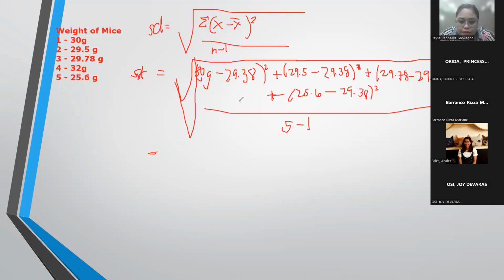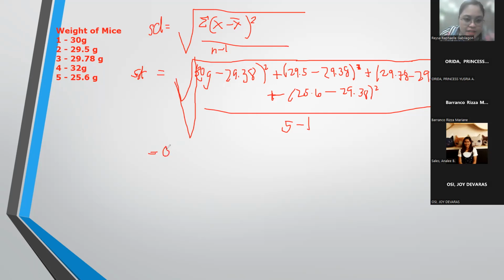30 minus 29.38 is 0.62. I'll add the square root later.